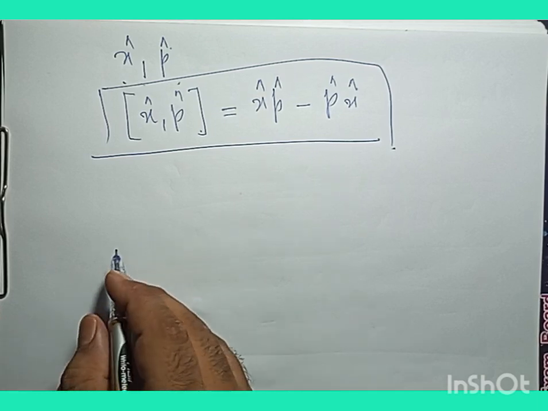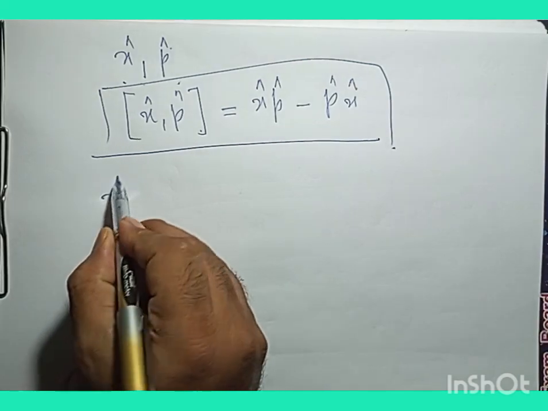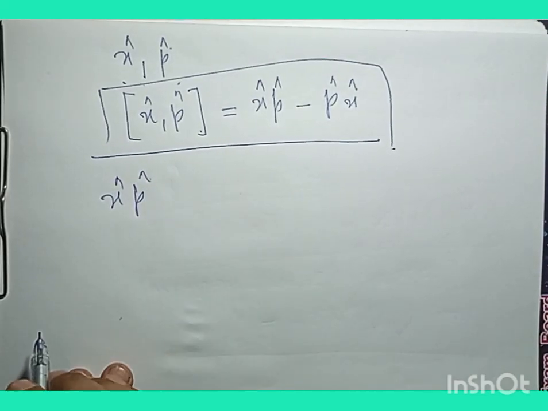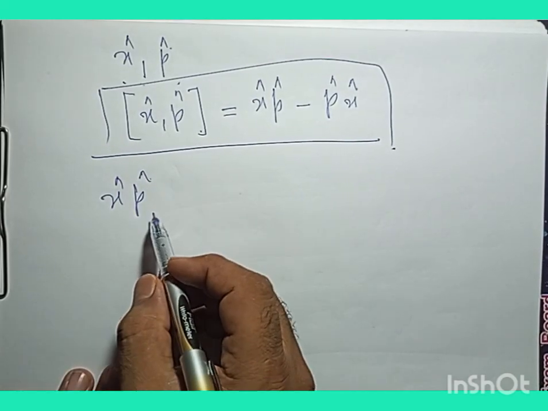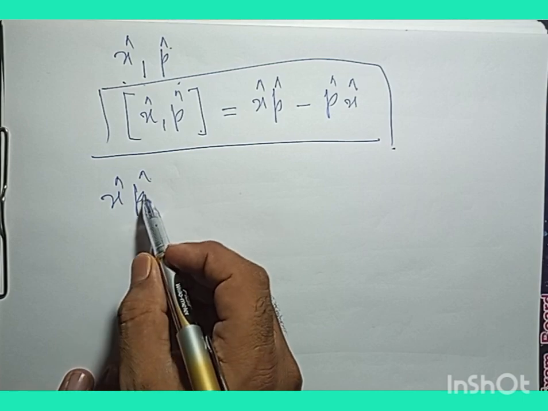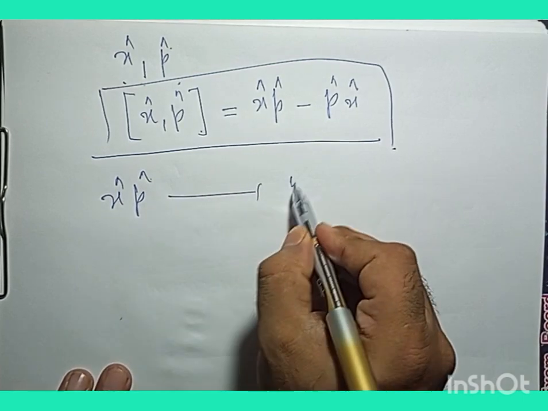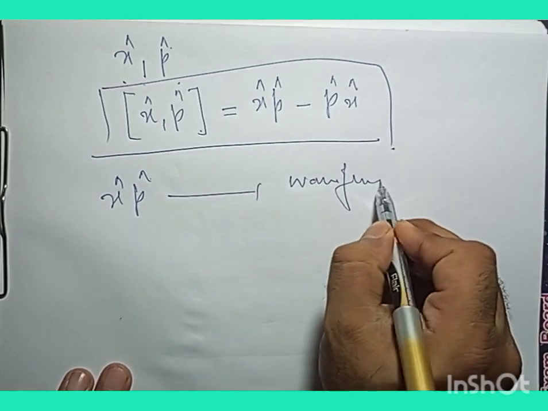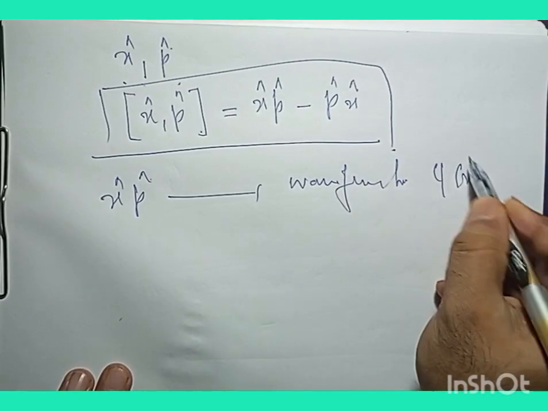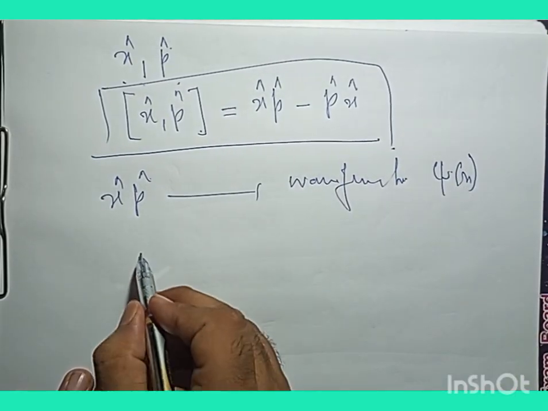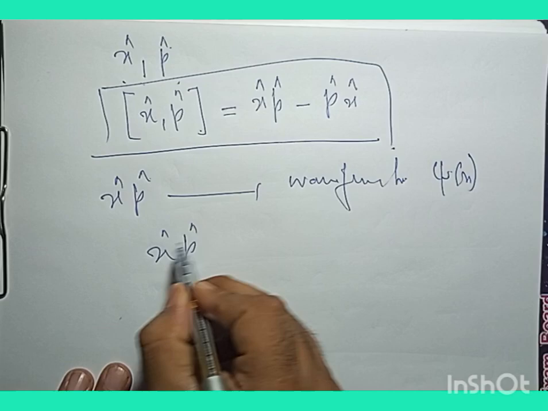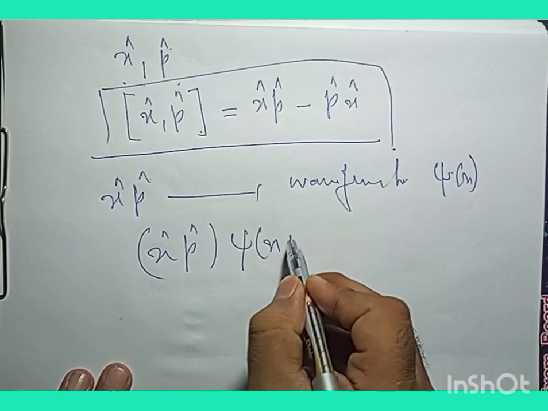Now let's try to solve this problem step by step. The first term is x cap p cap. We would like to operate this x cap p cap on the wave function, say psi of x, that we have predefined. So we have x cap p cap operated on psi of x.